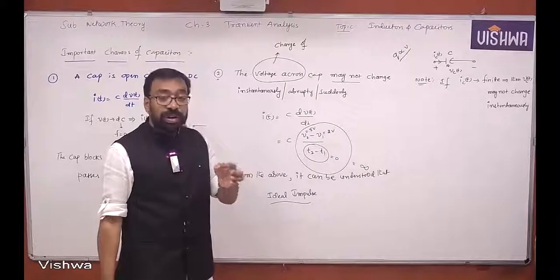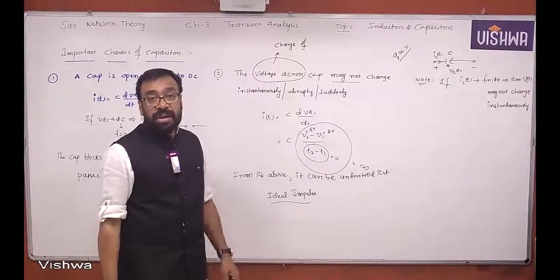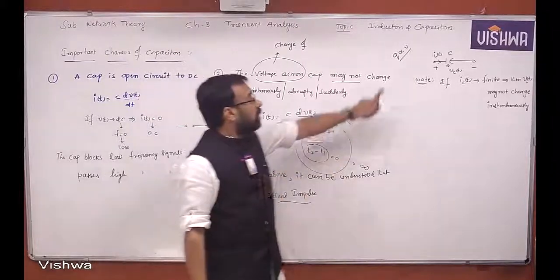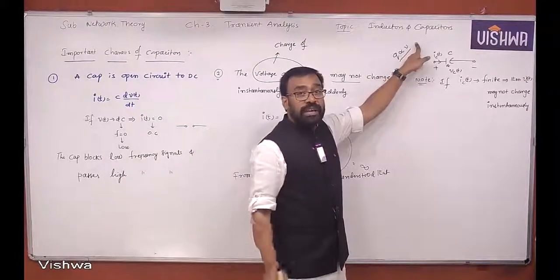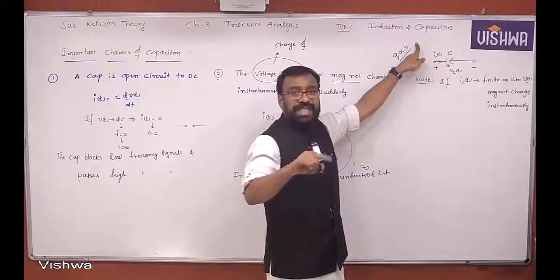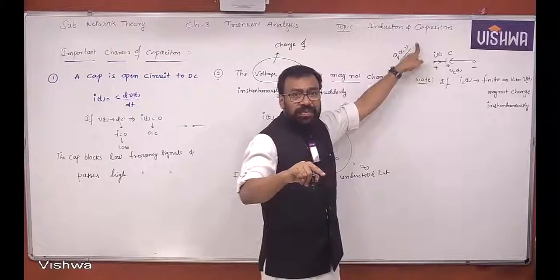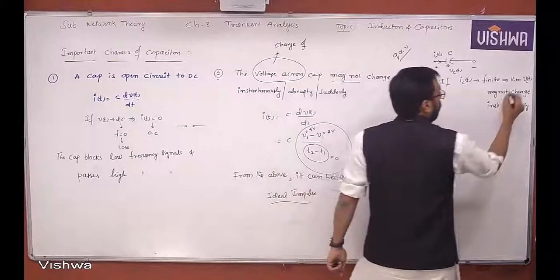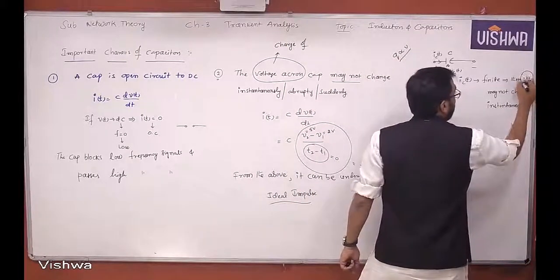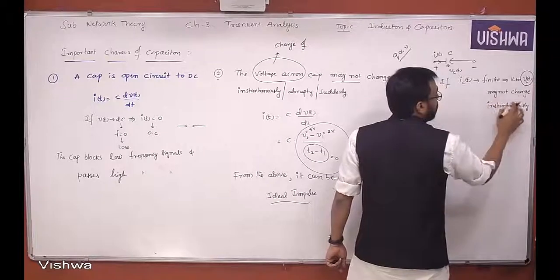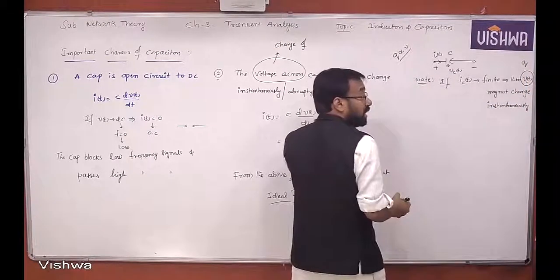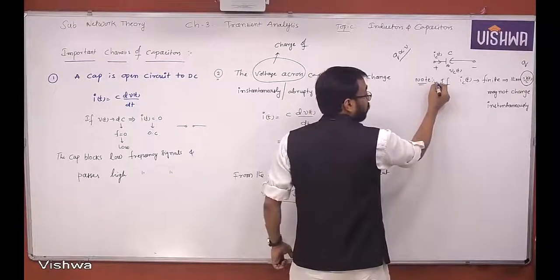You can comfortably use that statement. Wherever you use the voltage, there you can use charge also, because charge is directly proportional to V. Charge is equal to C into V. C is constant, yes or no? Therefore, you can use it. Here also, the voltage across the capacitor may not change instantaneously, that means the charge Q may not change instantaneously. This is the first condition.